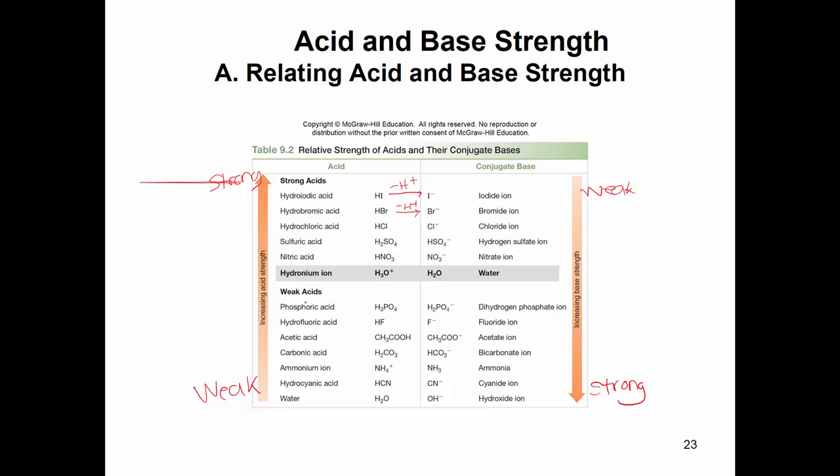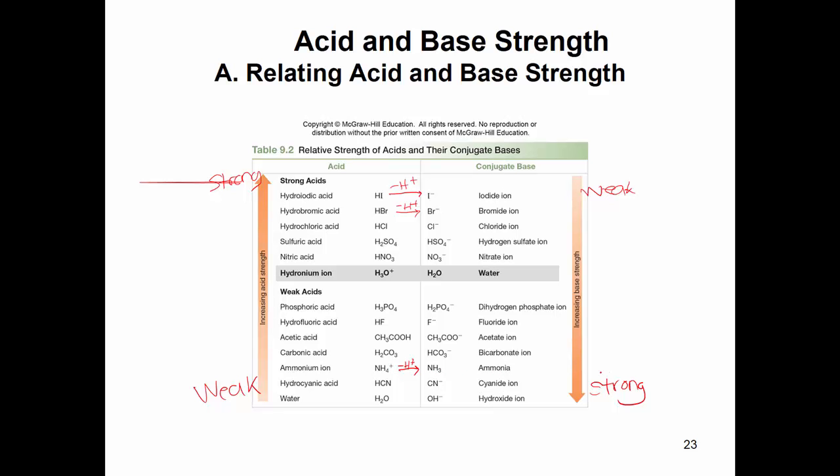Okay, so if you have a strong acid, it has a weak conjugate base. If you have a weak acid, then it has a much stronger conjugate base. So if we look here, let's look at the ammonium ion. Okay, this is considered to be a weak acid. And so if you think about it losing a proton, it becomes NH3, neutral, because it lost that positive charge.